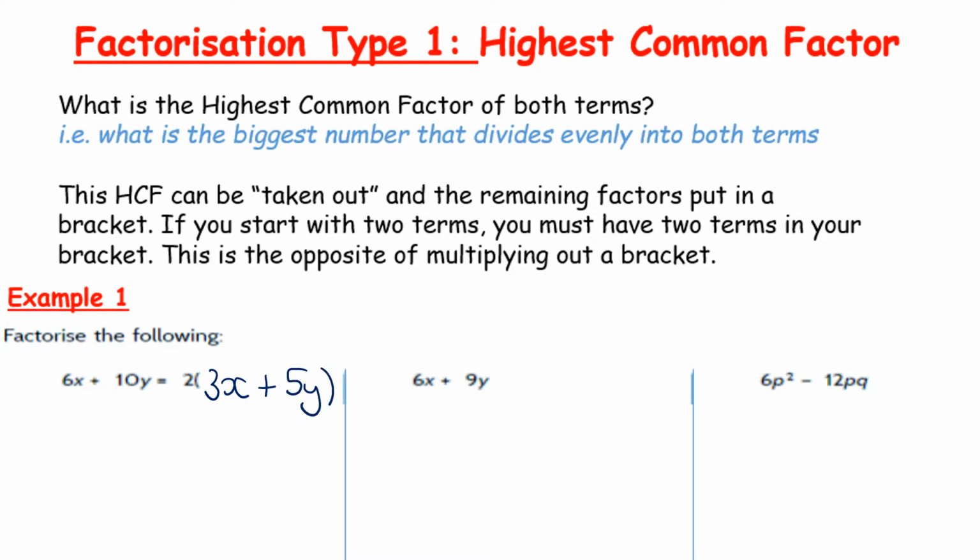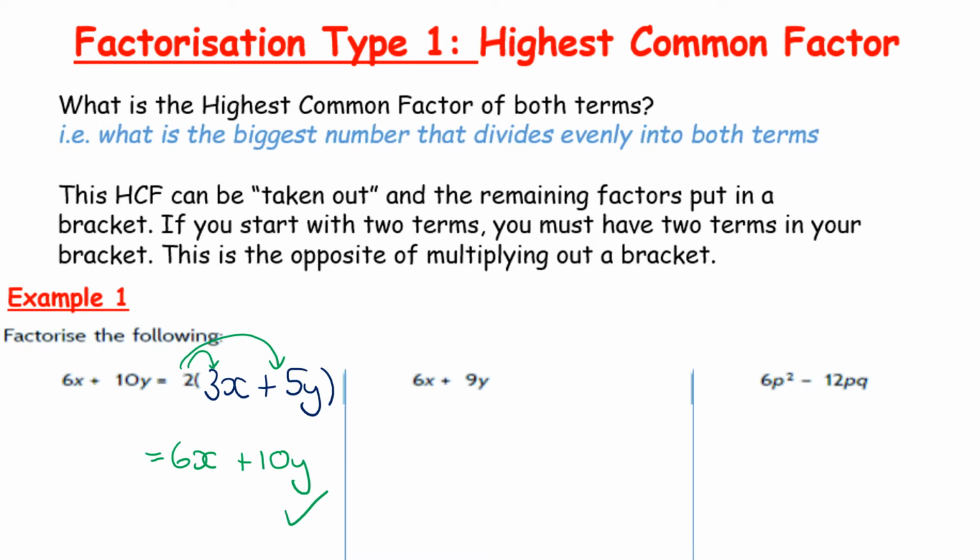At this point, while we're starting out, if you want to double check by multiplying back out, 2 by 3x gives me 6x and 2 by 5y gives me plus 10y, which is what we started with. Now, you can always do this quickly in your head just to double check, but at the moment, it's definitely something I would suggest that you get used to doing until you're more familiar with your factorisation.